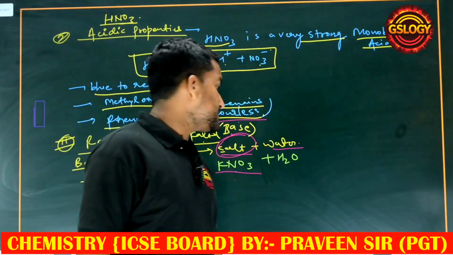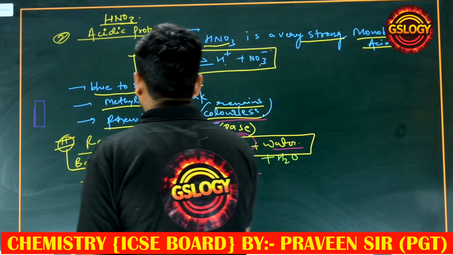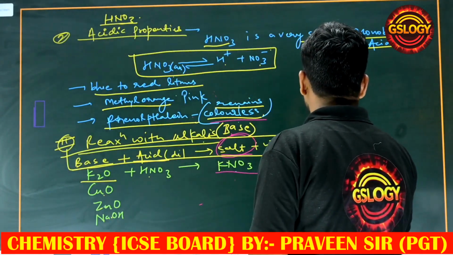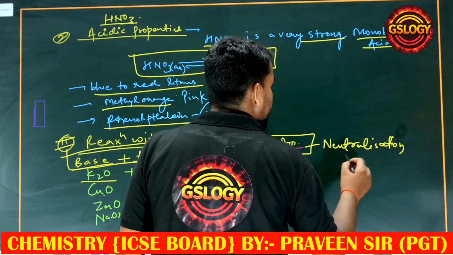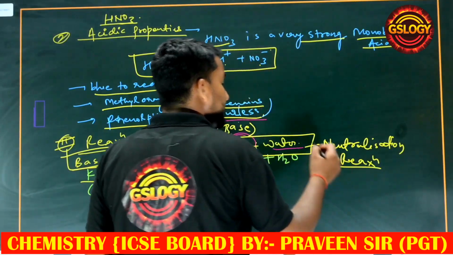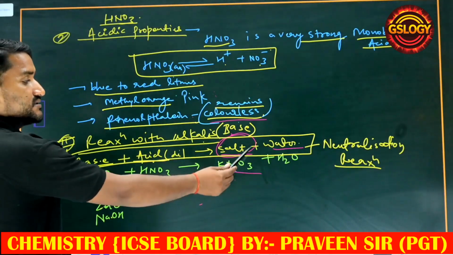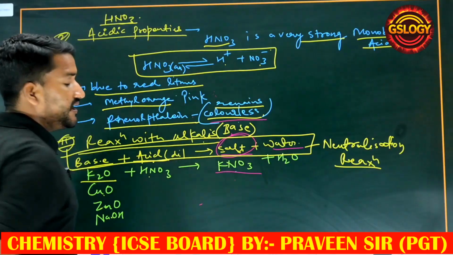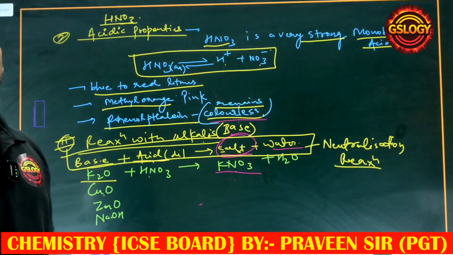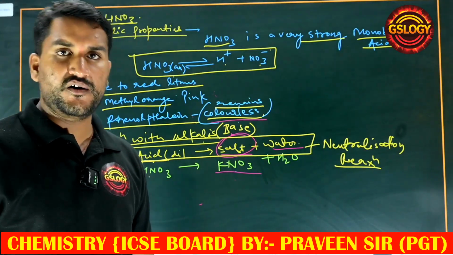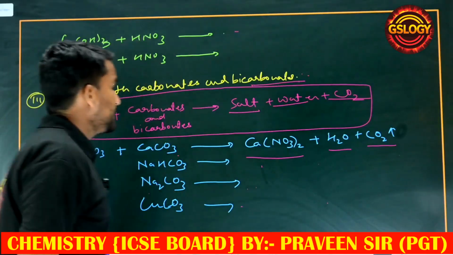You know very well, this reaction is called a neutralization reaction. Neutralization reaction means that when an acid reacts with a base, it forms salt and water, because the base neutralizes the effect of the acid.